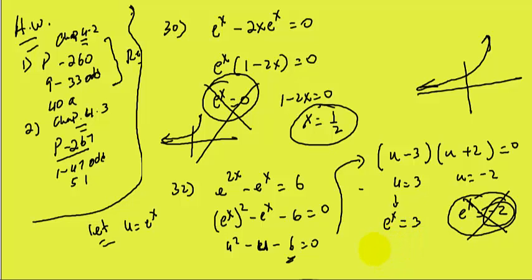Then we're going to ln both sides. ln of e to the x is equal to ln of 3. And the x comes to the front, and we have x ln of e is equal to ln of 3. Of course, we should know by now ln of e is 1. Since that is 1, that implies my x is equal to ln of 3.